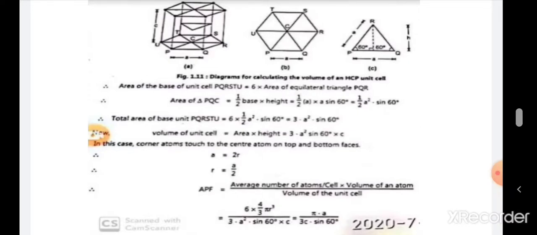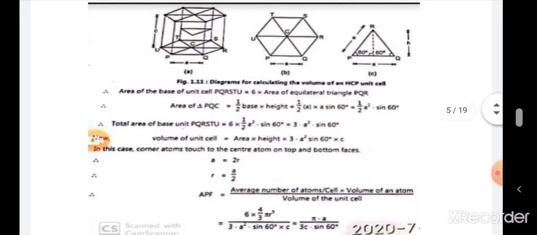If I want to find out the height, then what will we get? It's A sin 60. When I formulate the entire area, it will be half into A sin 60, that is half A square sin 60.